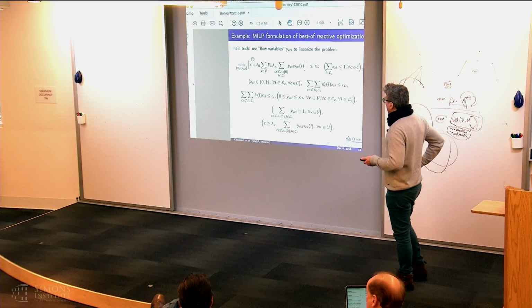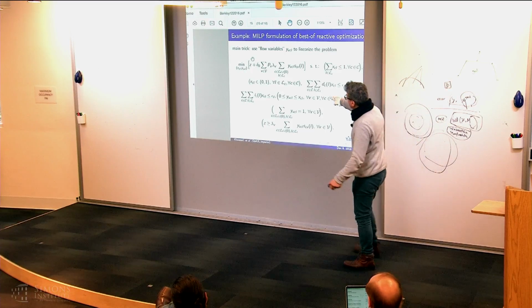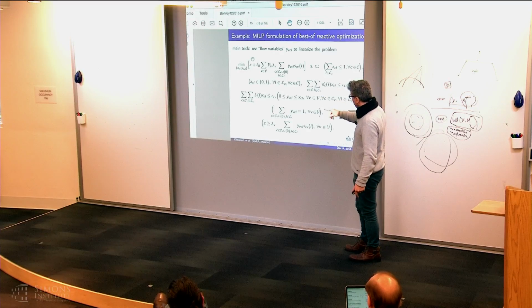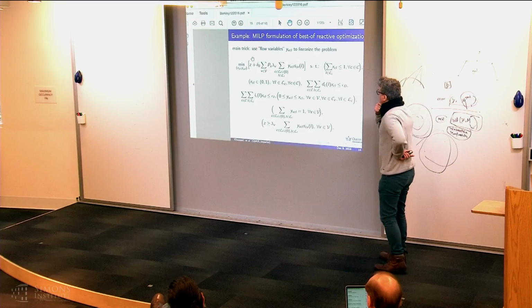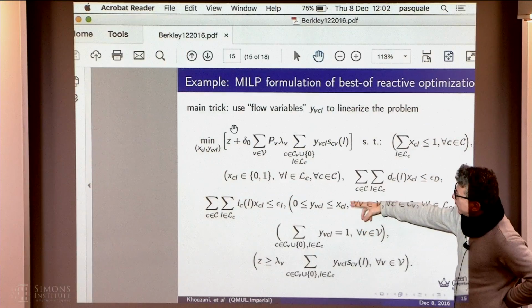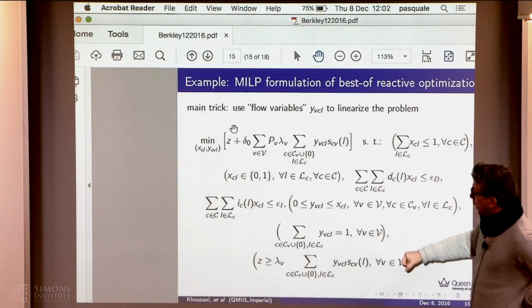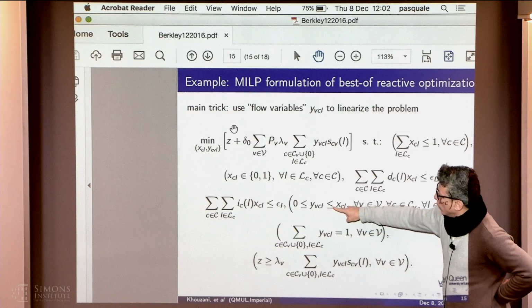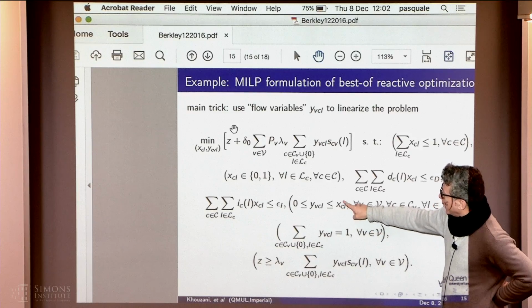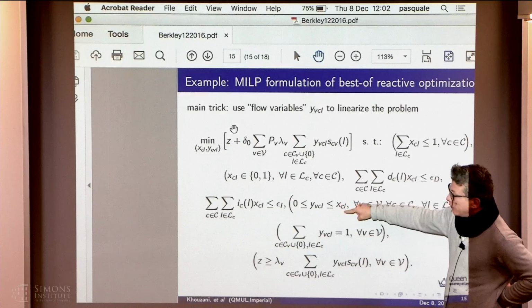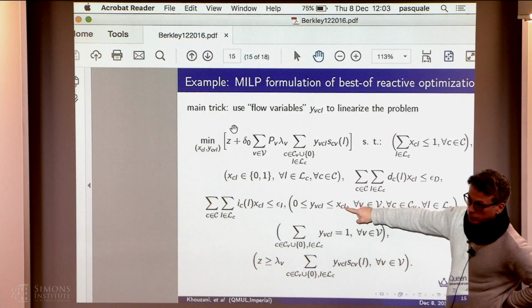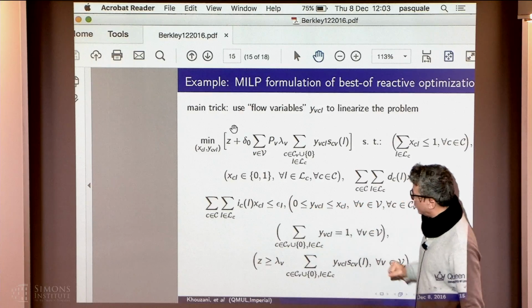I mean, very briefly. Well, why is this the max? Because you can only select if the particular optimization variable is selected. So if that is not selected, the flow has to be 0.